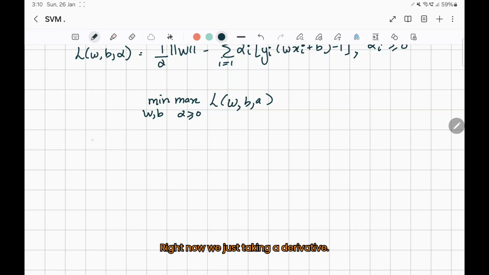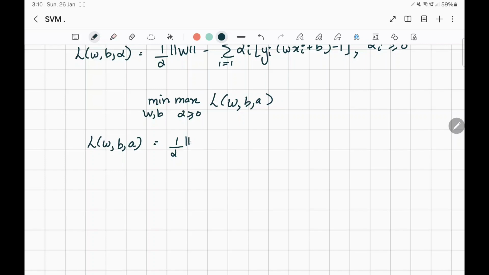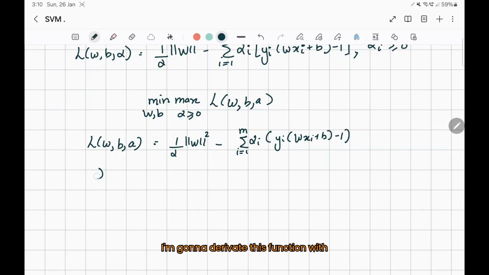Now we're just taking a derivative. Let me rewrite it, and then we're going to take a partial derivative. Cool. Now I'm going to differentiate this function with respect to w.